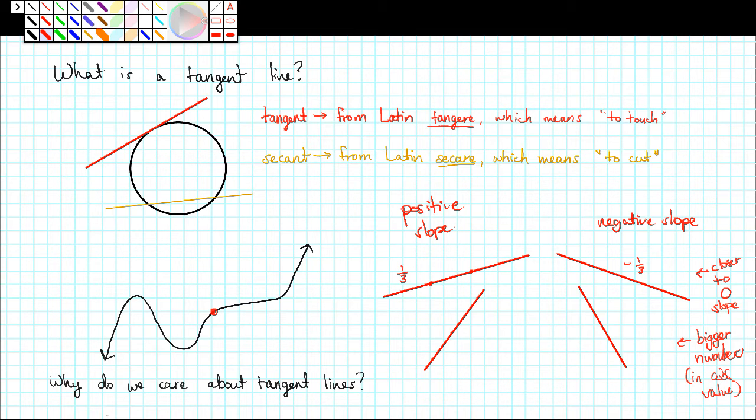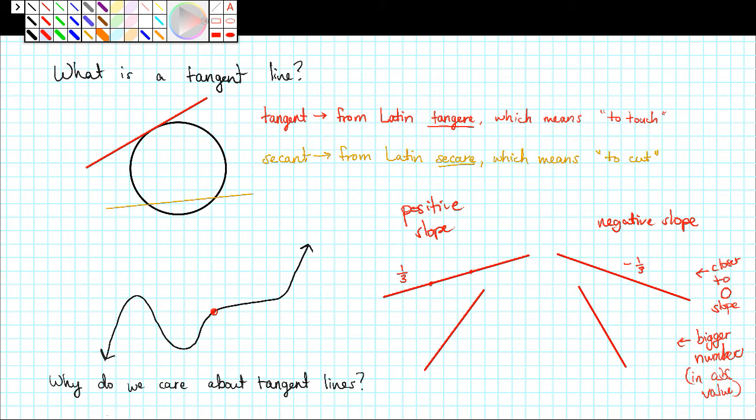Okay, that's what this is going to give us. And so because that's part of what we want, we really want to think about tangent lines as being what the curve looks like at that point.